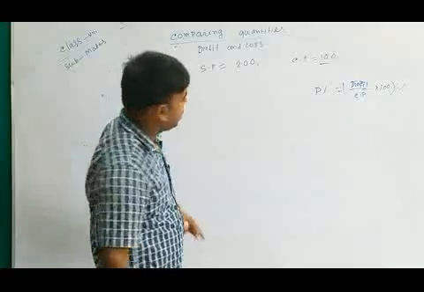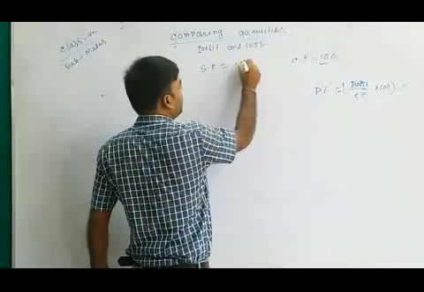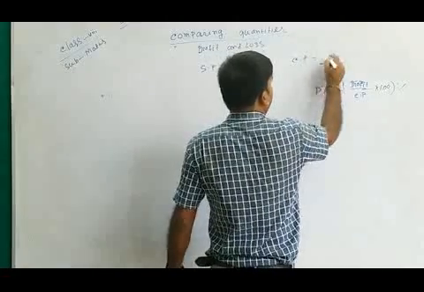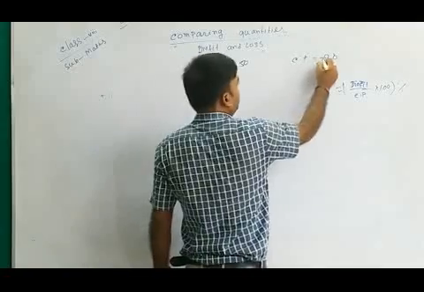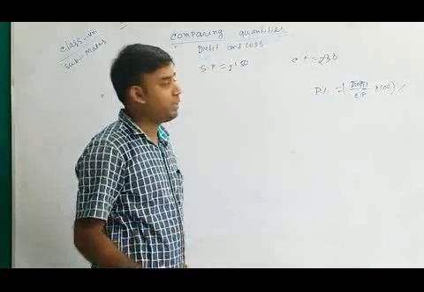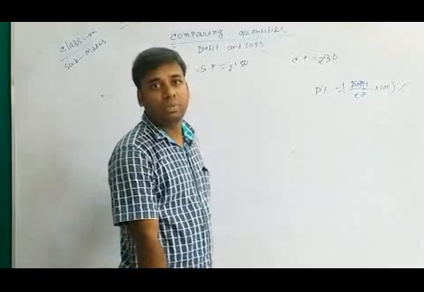Next, suppose SP equals 150 and CP equals 50 rupees. What will be the profit percentage?